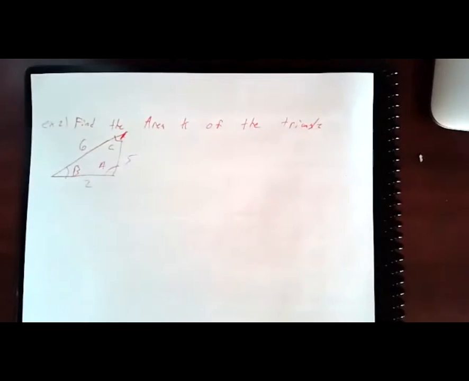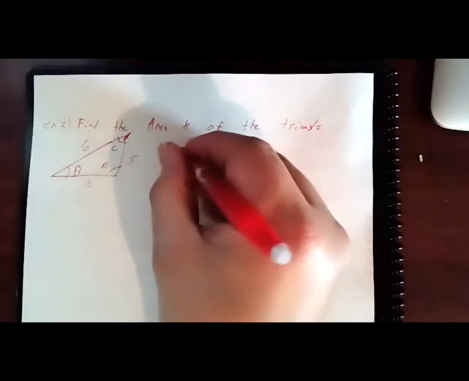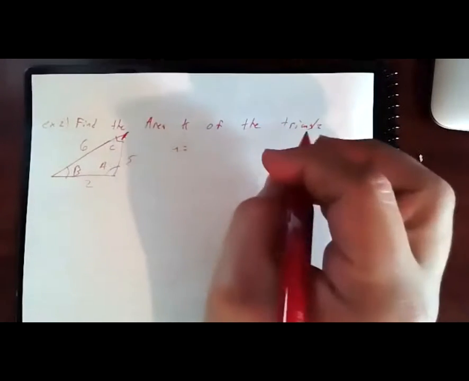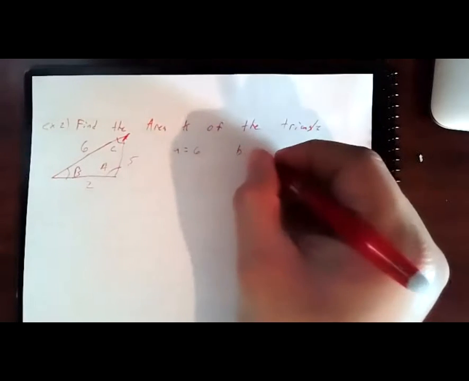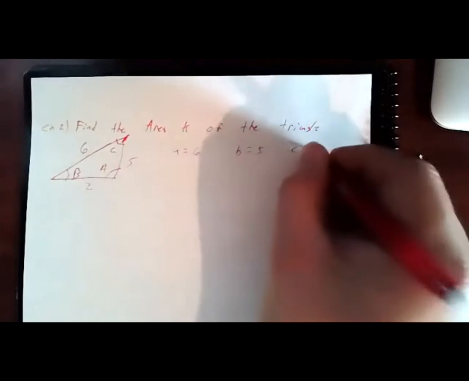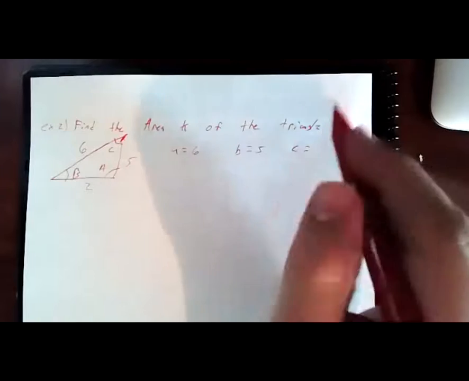There we go. So my sides are 6 for a, b is 5, little c is 2.